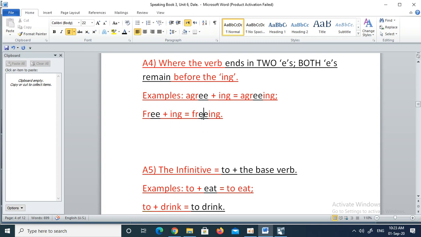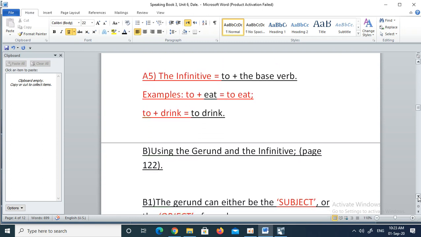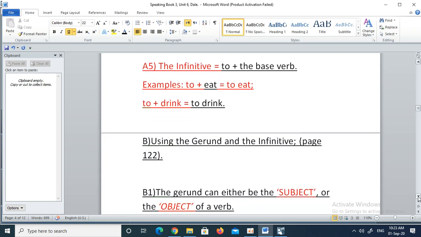All right, making the infinitive. The infinitive is made by the particle to plus the base verb. So we will use the particle to and the base verb eat, and our infinitive is to eat.